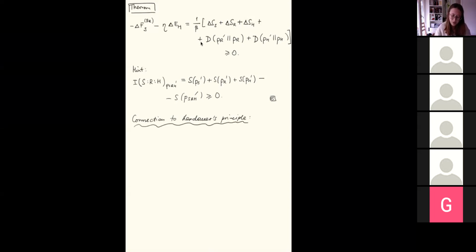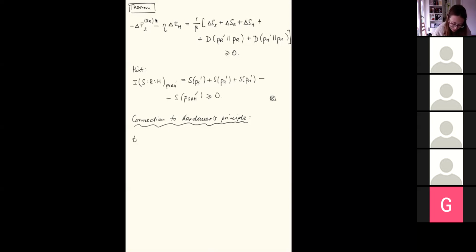How can we rewrite this equality, reducing it to an inequality, so making it in a sense weaker? What we essentially have here is the following statement: the energy extracted from the hot bath is lower bounded by the increase in free energy. So this change is lower bounded by delta F.